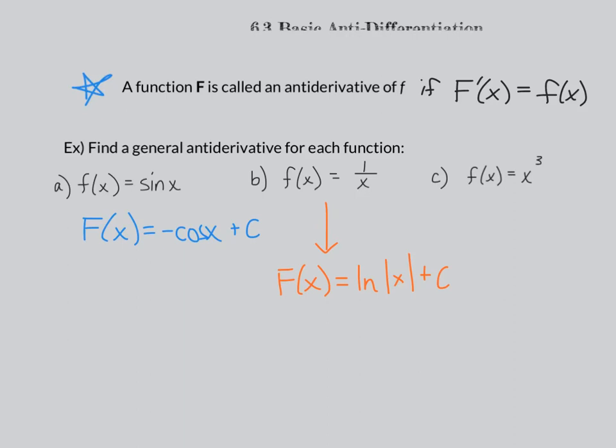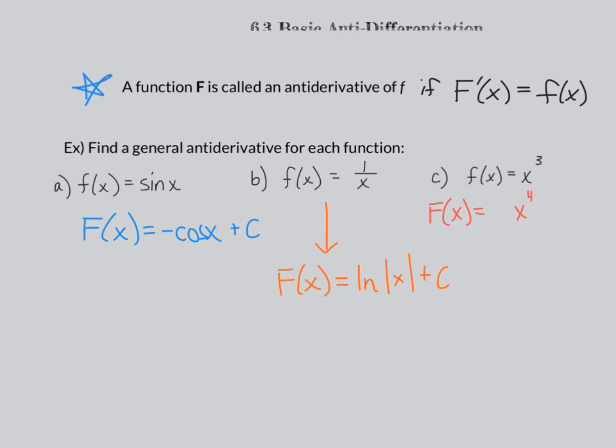All right, part C. Okay, this one is a little tricky, right? We have to have had some function that when we took its derivative, we ended up with an x cubed. Okay, so I know that it had to have been an x to the 4th, right?